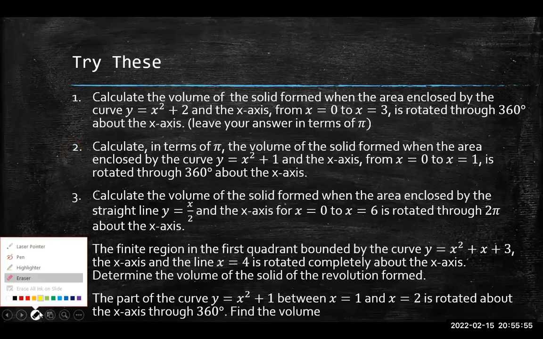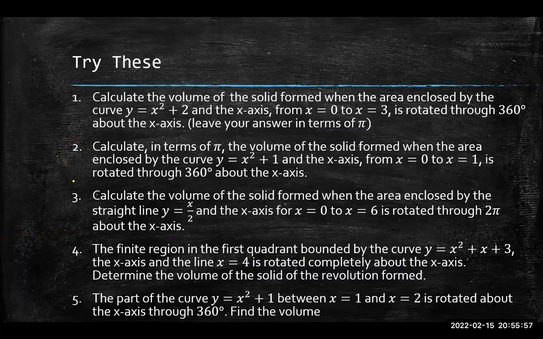Okay, number 3. Let's go. Same thing you're doing, right? Just in this case, you're still finding the volume of the solid, but notice here that it's a straight line, not a curve.